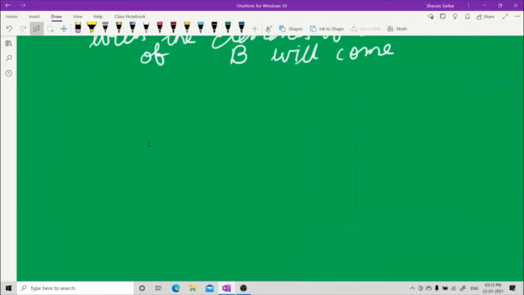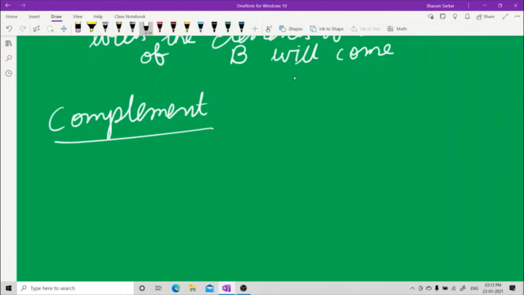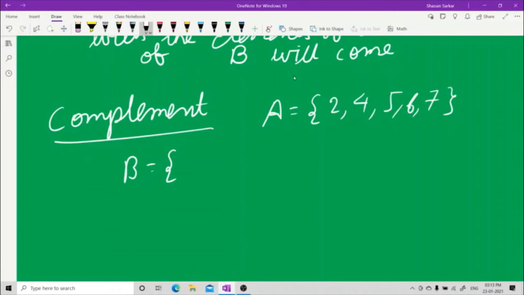Now the next operation, this is called the complement. See, there is a set A, let us say, set A: 2, 4, 5, 6, 7, and I have a set B in which elements are 4, 5, and 6.